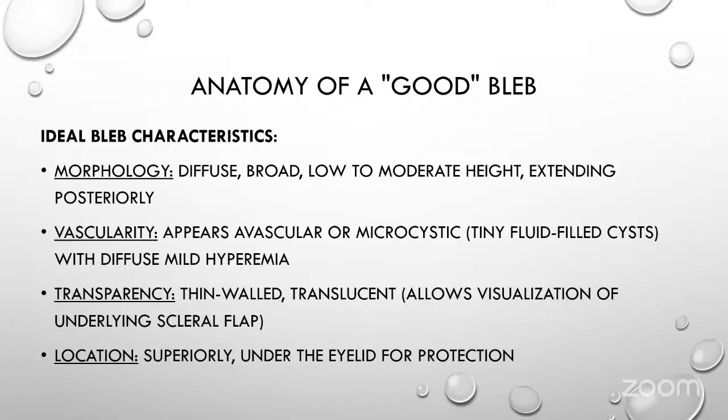In terms of transparency, we want a thin wall, not cystic, but translucent, so that you may visualize the underlying scleral flap. Location ideally should be superior. In the early stages of trabeculectomy, some were done in the inferior bulbar conjunctiva with their attendant complications, but such practice has been relegated to history.